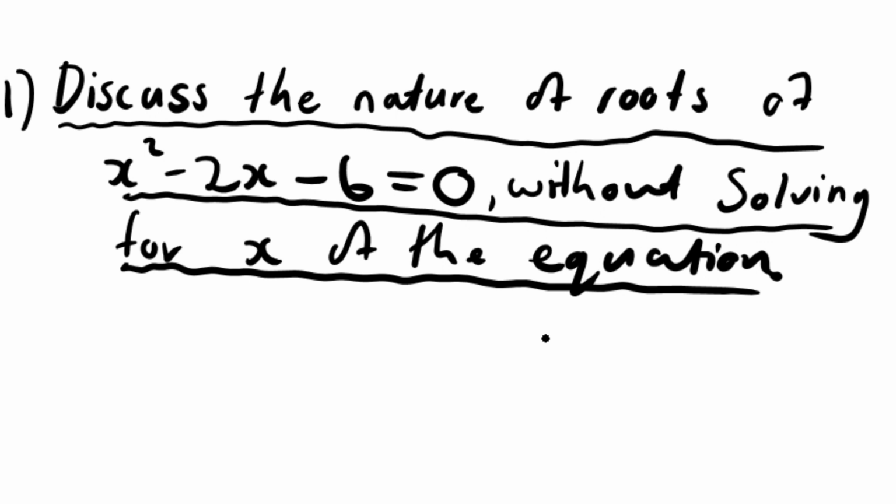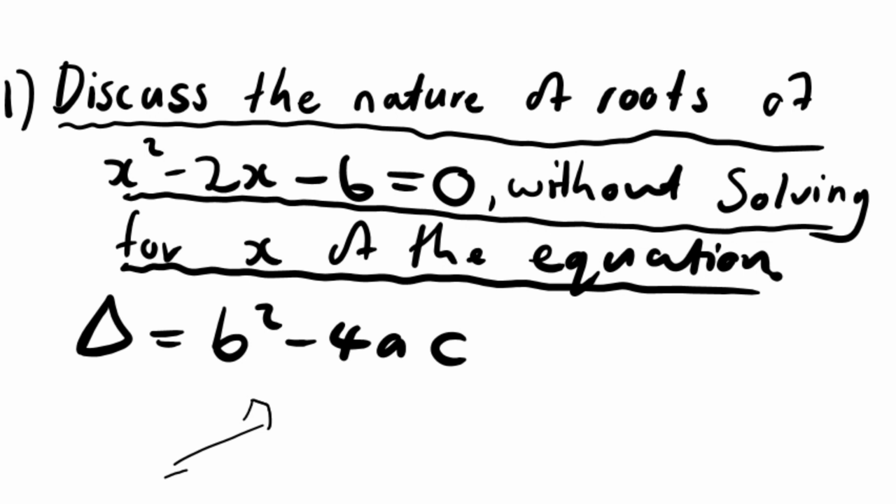Now we have to know our a, b, and c. That's all we have to know, because we are looking for delta. Remember, delta is b squared minus 4ac. After getting our a, b, and c, we just calculate the value of delta to answer the question, and then we are done. Let's look for those values.